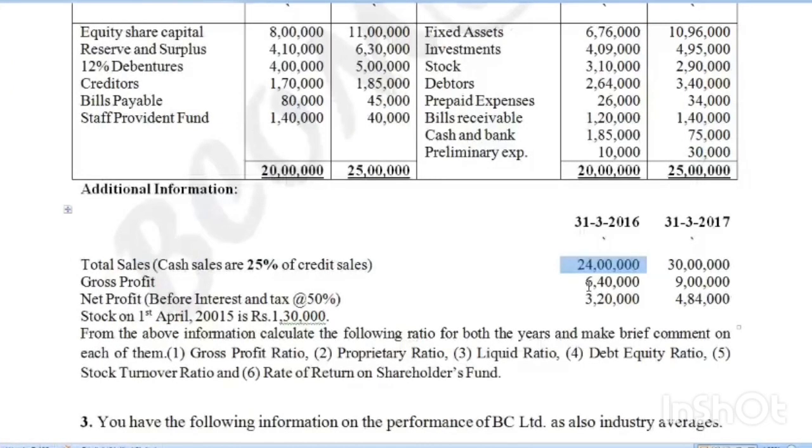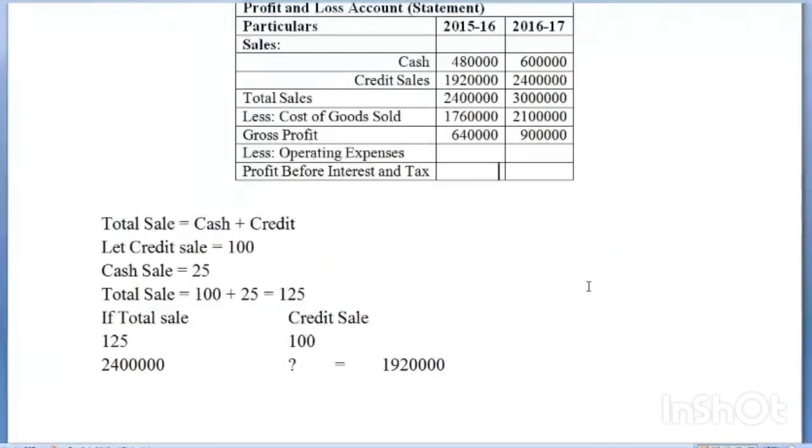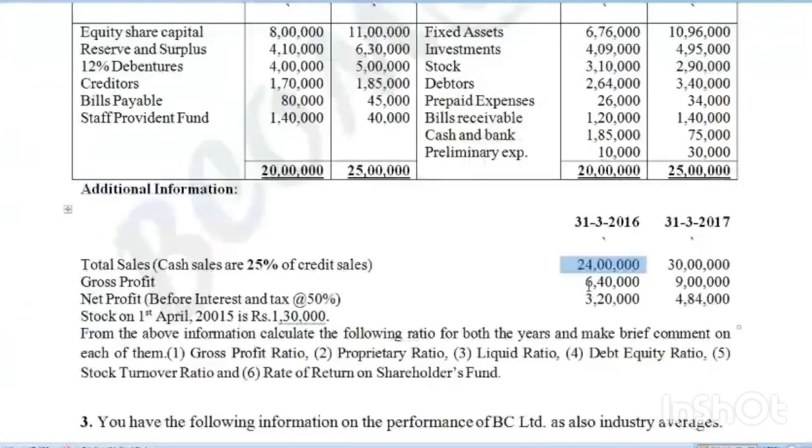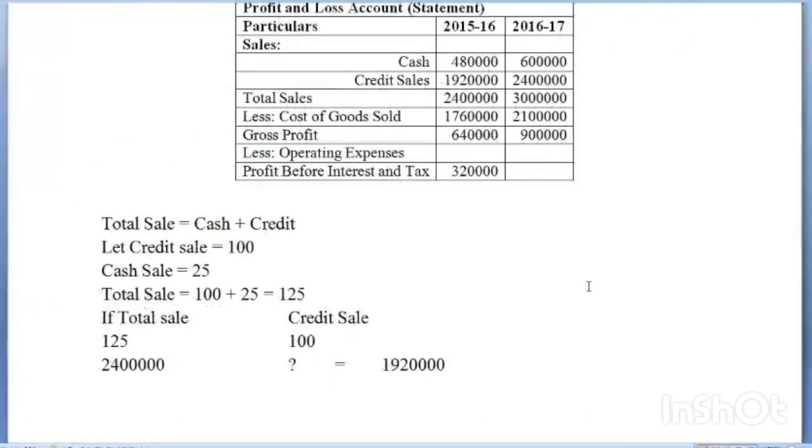Here net profit before interest and tax is given as 3,20,000 and 4,84,000. Now the difference is your operating expenses. So 9 lakh minus 4,84,000.